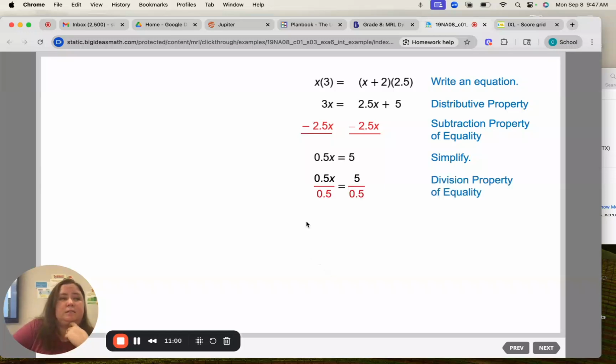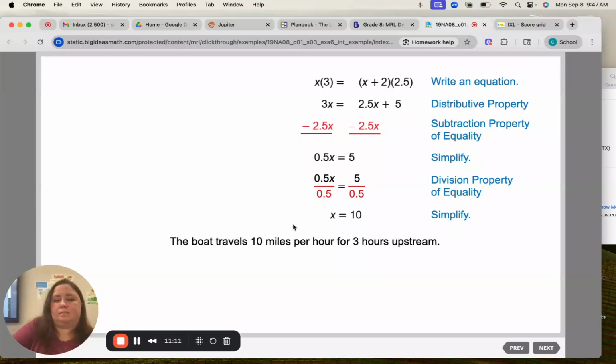So the boat traveled 10 miles per hour going upstream. Can we guess what we did going downstream? 12 miles per hour, because we went faster. So then to convert this to distance, because the question's asking us how far did we go, we just convert the hours and cancel out the hours.